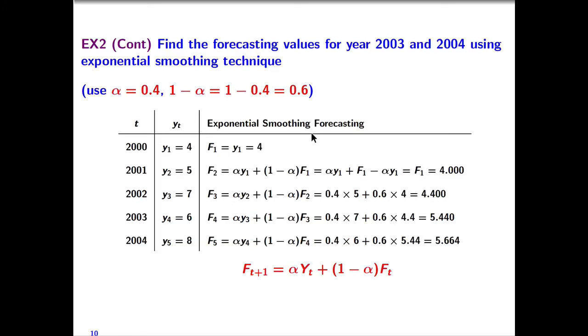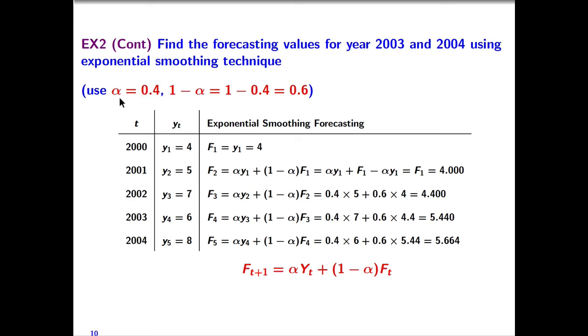Now, let's see our example. Example number 2 continues. Find the forecasting value for year 2003 and year 2004 using the exponential smoothing technique with alpha equals 0.4.